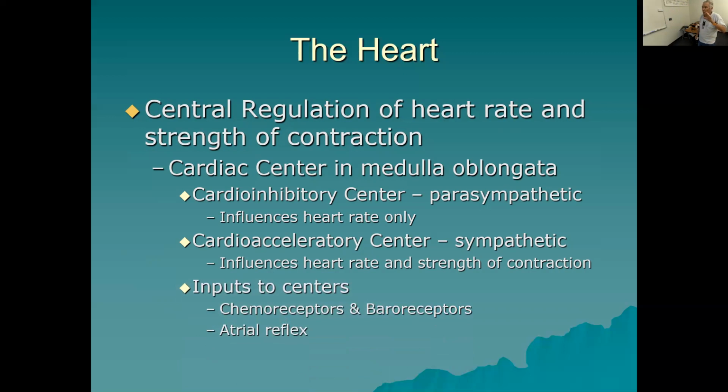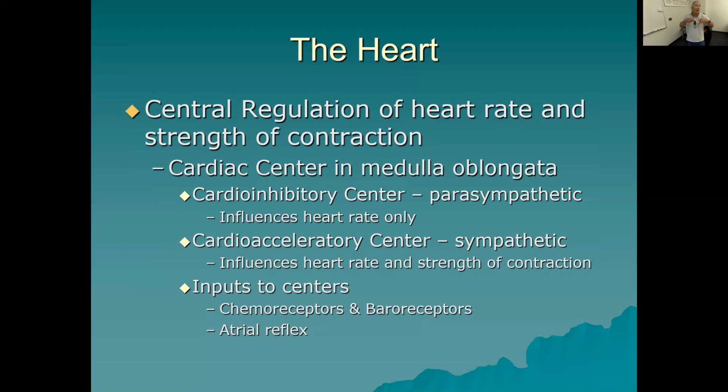And what tells your heart which one gets fired? Both are kind of active all the time. Remember that both parts, sympathetic and parasympathetic nervous system, are active all the time. Just how active are they? Is it more sympathetic or more parasympathetic? The inputs of these centers are chemoreceptors and baroreceptors.